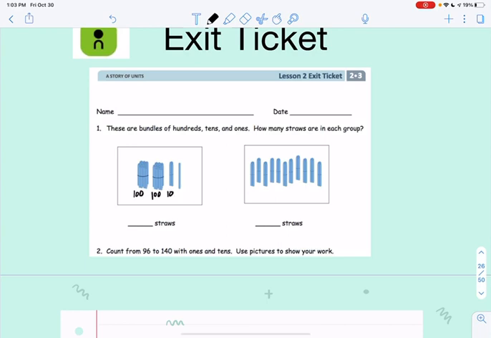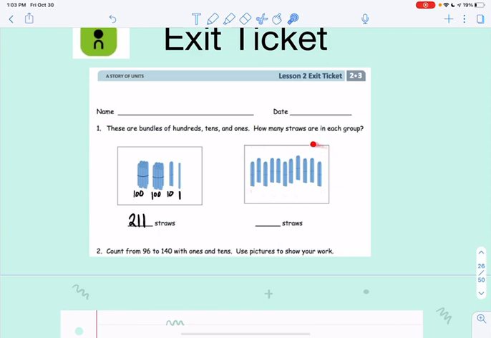It's worth 10. And what is the last bundle worth? And it's not even a bundle. It's just a 1. So we have 100 and a 100 together makes 200 plus 10 plus 1. So we have 210 and 1, which will make 211. 2 hundreds, 1 ten, 1 one.